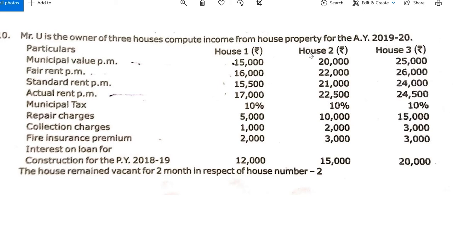In that case you can assume all the 3 houses are let out property. So in the case of house number 2, it is vacant for 2 months. That means they are giving the house for rent, so 2 months it is vacant, so you need to minus it from the GAV. Now we will move to the solution part.